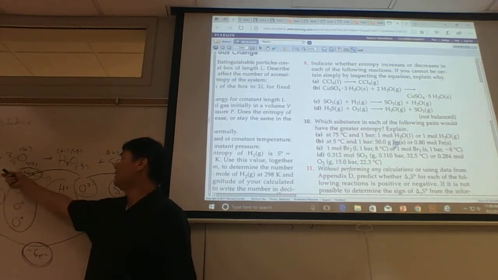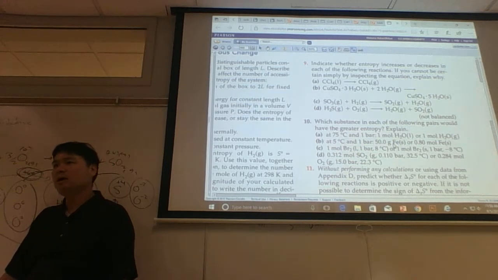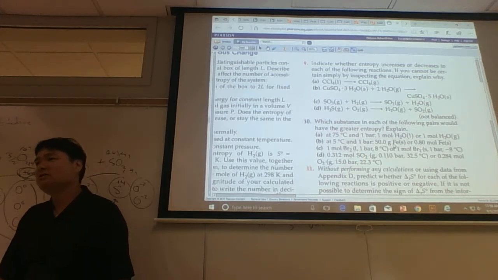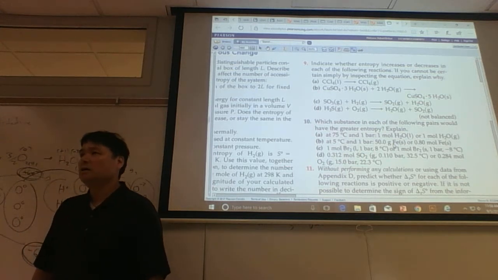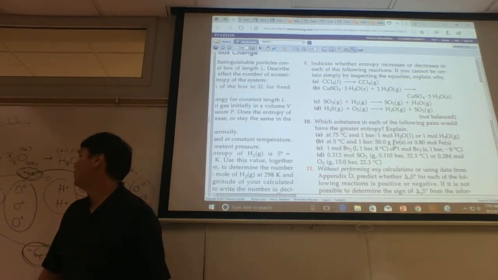In other words, you know what the volume of a mole of gas is at 25 degrees C and 1 atmosphere, roughly? 22 is at 0 degrees C. At 25 degrees C, it's closer to 24.5.